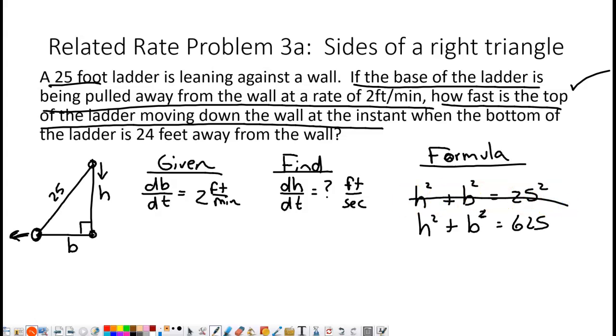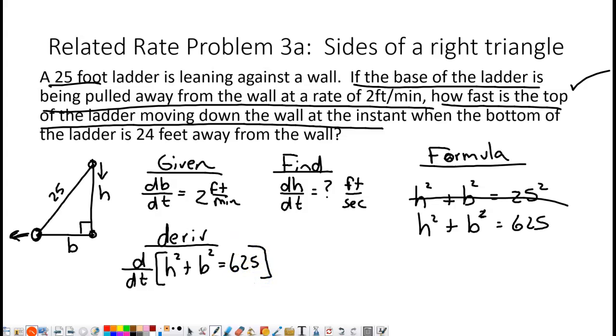So now we're ready for the derivative step. So I want to find the derivative of that formula with respect to time. All right, so what's the derivative of h squared? Well, it's going to be 2h times dh/dt.